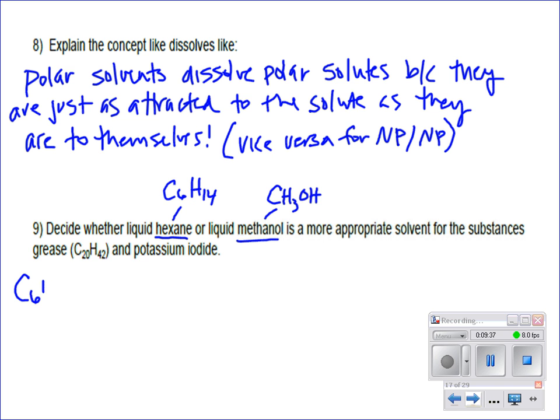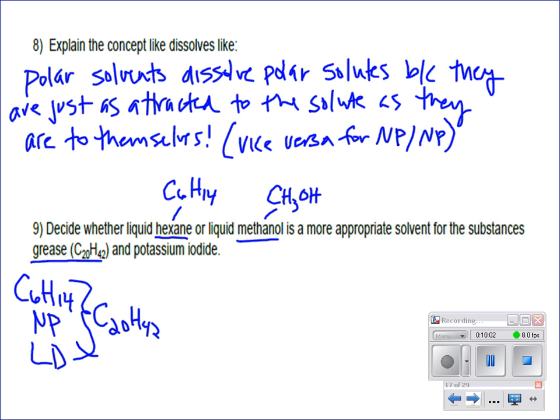So let's look at hexane, C6H14. What kind of intermolecular force, is this polar or nonpolar? Nonpolar. Its intermolecular force is London dispersion. Which one is that going to dissolve? Well, it wants to dissolve something nonpolar. That grease, look at all those C's and all those H's. Lots of nonpolar action going on there. Okay, so this is going to dissolve your grease.